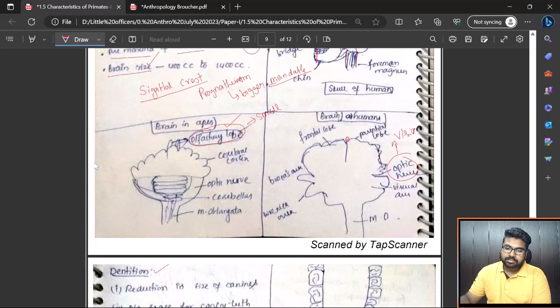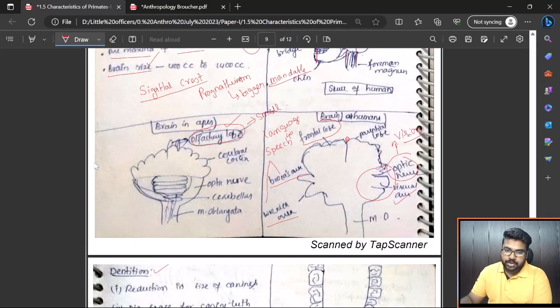The optic nerve got developed, and the occipital ridge, which provides better visuals like 3D vision, got developed. Similarly, Broca's area and Wernicke's area got developed. Both of them gave the ability of language and speech. That is the reason why we are able to learn language and speak, and communicate with words. So these two areas got well developed.